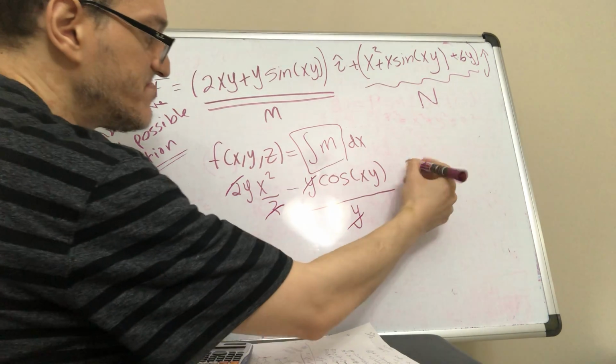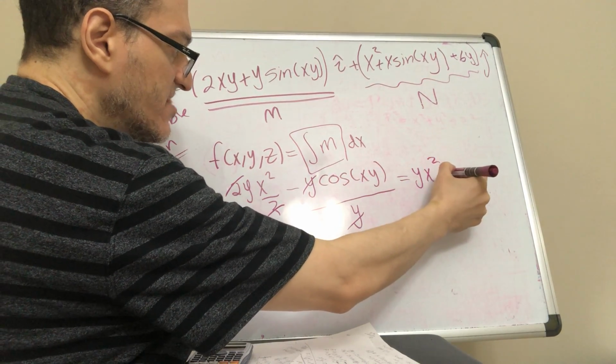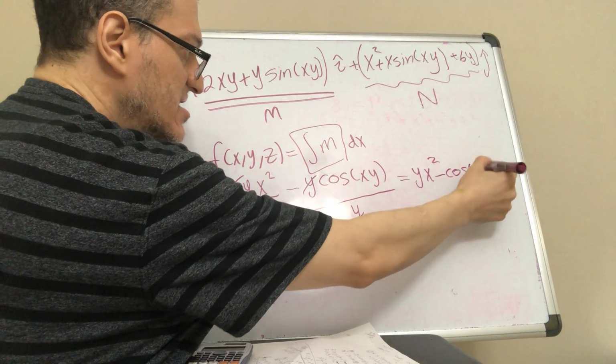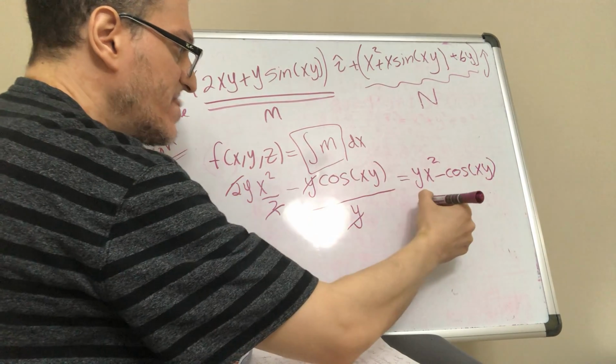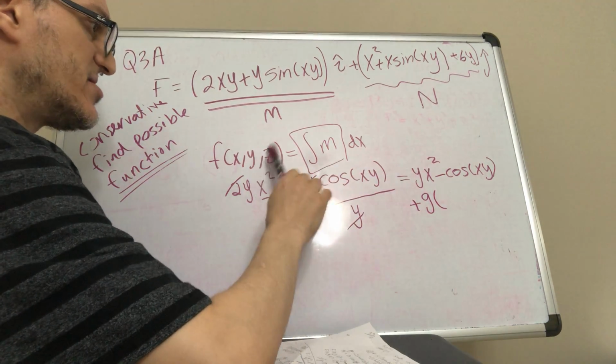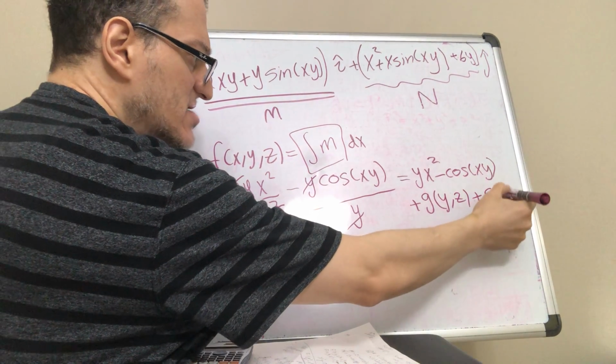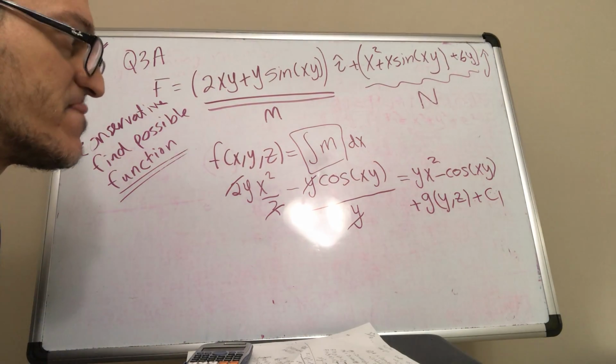The final is y x squared minus cosine xy. You say plus a function in terms of the other two variables, plus a constant, I'll call it C1.